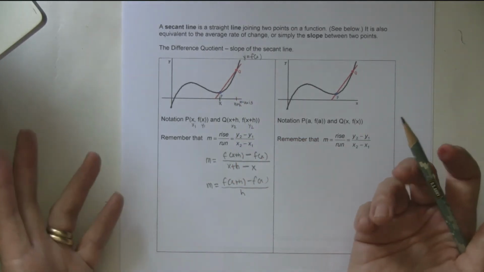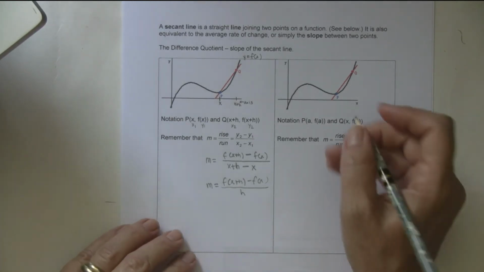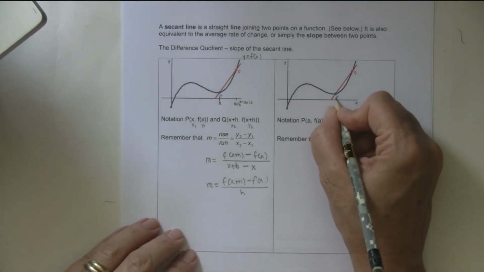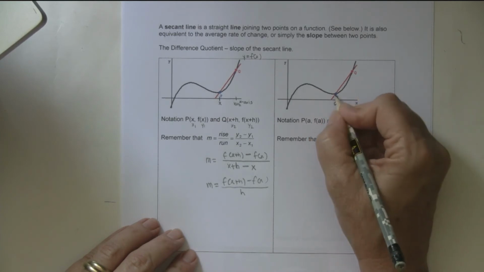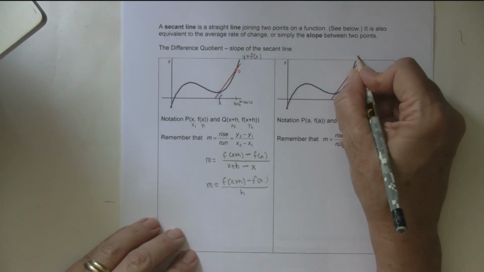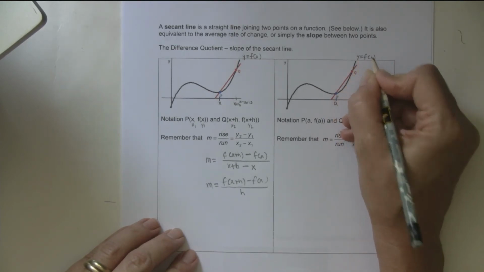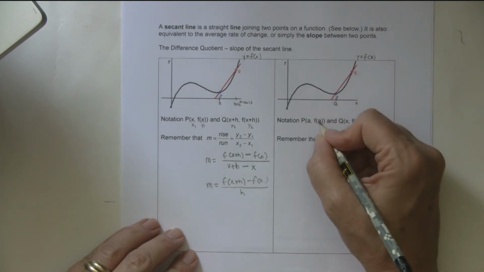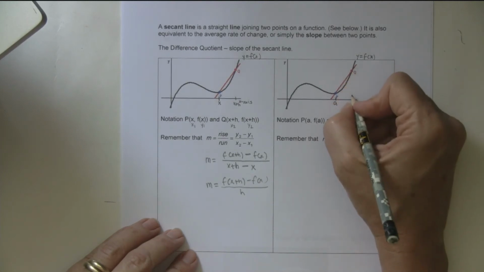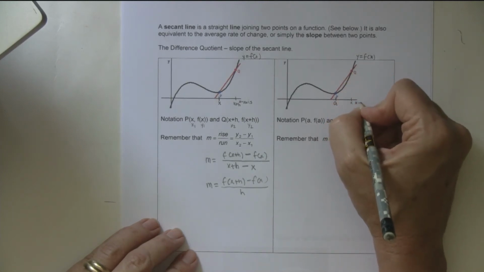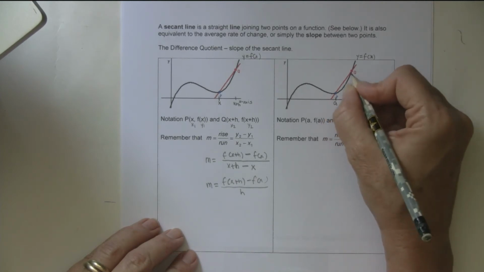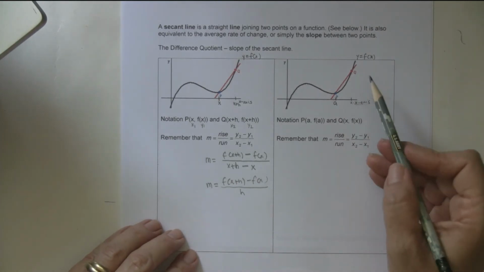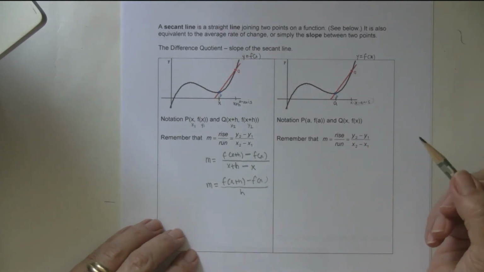And another way that the secant line could be looked at, instead you could call this point here A, so that this ordered pair x would be A, and this is again the function y equals f at x, right? So when I plug in A in there, y would be f at A. And if I called this here at Q, this x, this is representing the x-axis, but I'm going to call this point x there. Then plugging in, this would be f at x, right?